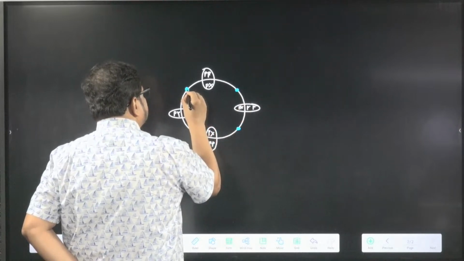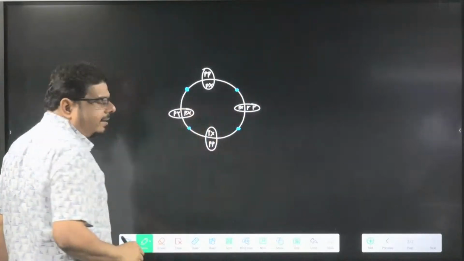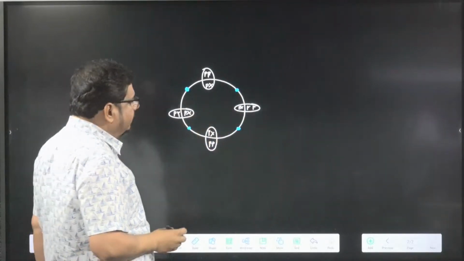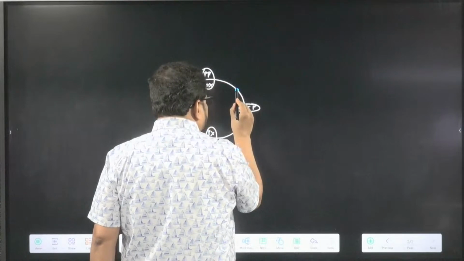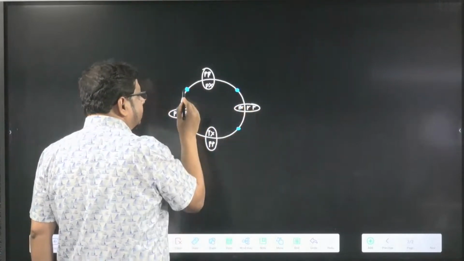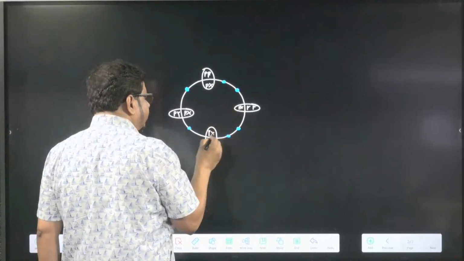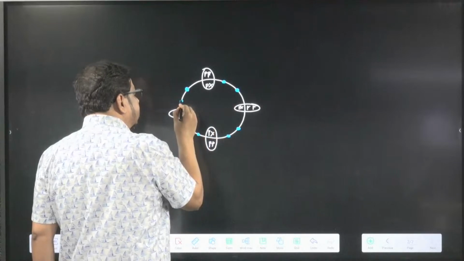I am making dots in the vascular cambium ring to talk about a cell. So this particular cell of the vascular cambium ring may be present here like this. So two types of cells are there.